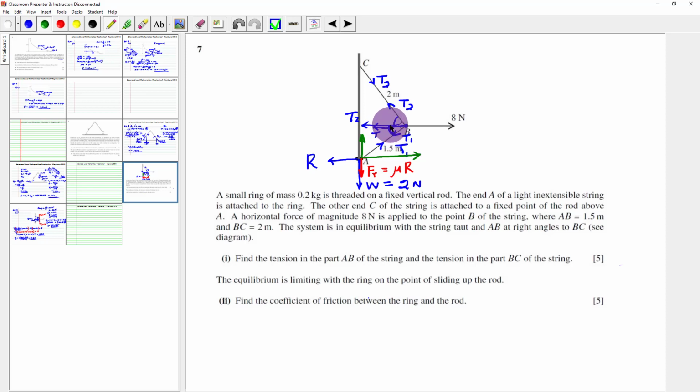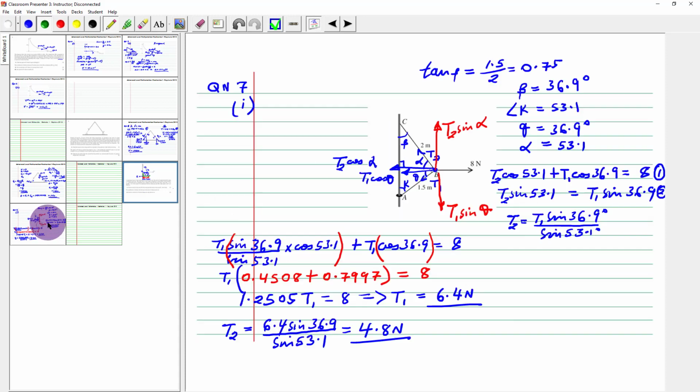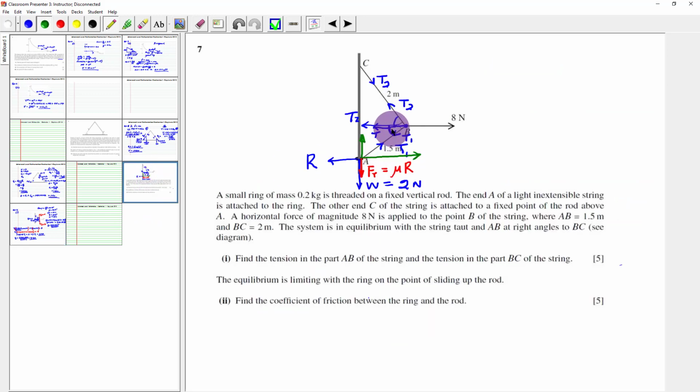If this angle, according to this diagram, we obtained to be theta, then this angle will also be theta because this line is parallel to this line. Therefore, this one becomes T1 cos theta, and this one becomes T1 sine theta.